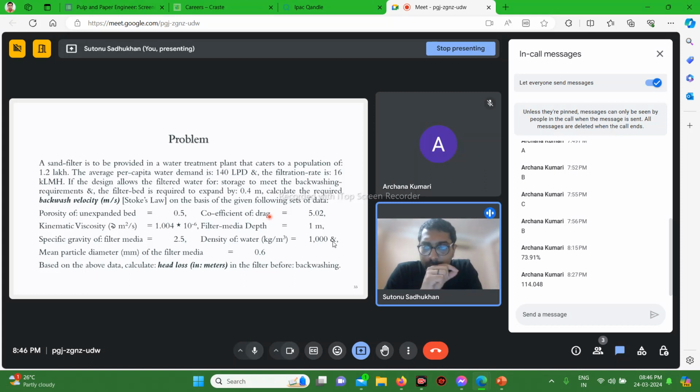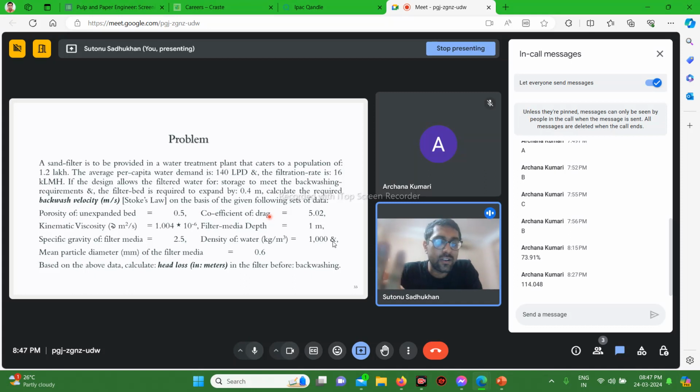Because for the dirt particle deposited within the bed, there is no data. If the dirt particle's settling velocity and so on were mentioned, then you could have set the lower limit also. Because if the backwash velocity is below the settling velocity of the dirt particle, then what will happen?